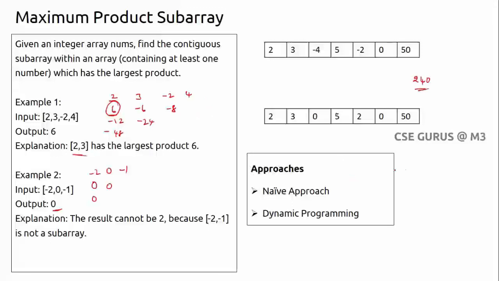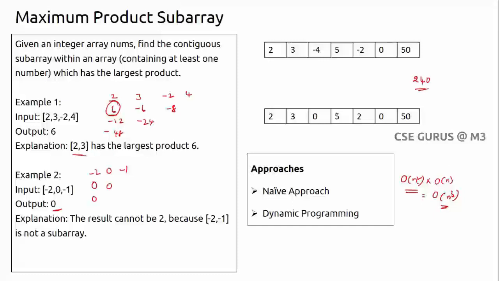With 4 elements it is n into n minus 1 by 2, so n square subarrays. For each one you have to find the product, which takes another n, so totally big O of n cube initially.